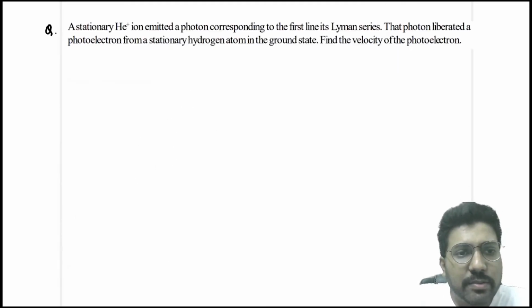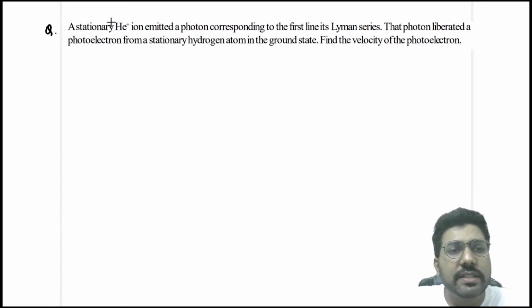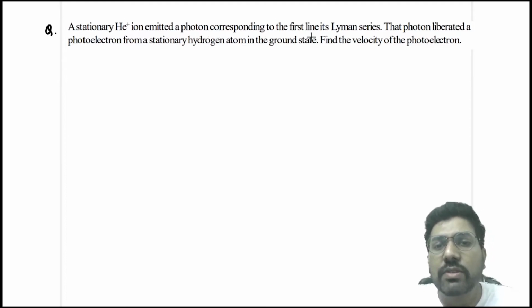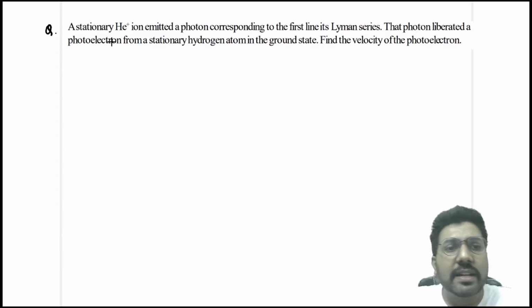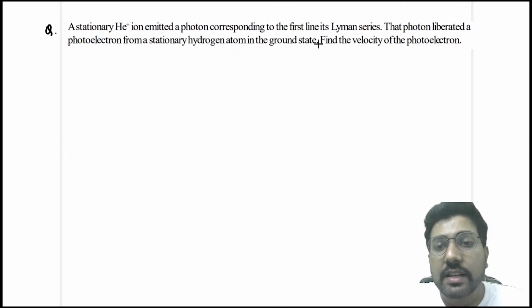Let us look at this question. In this question it is given that a stationary He plus ion emitted a photon corresponding to the first line in Lyman series. The photon liberated a photoelectron from a stationary hydrogen atom in the ground state. Then find the velocity of the photoelectron.